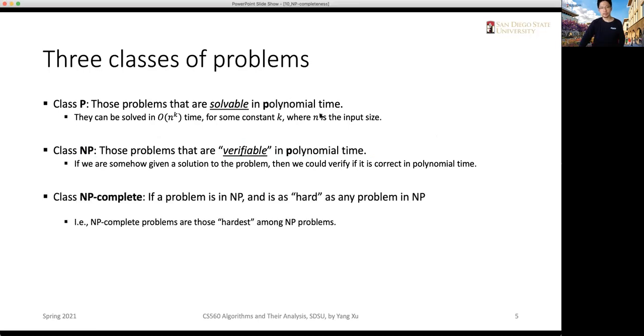Okay, and the last one is the NP-complete. Okay, so it's actually a problem that's within NP, and it's as hard as any problem in NP. Or you can say that NP-complete problems are the hardest among the NP problems.